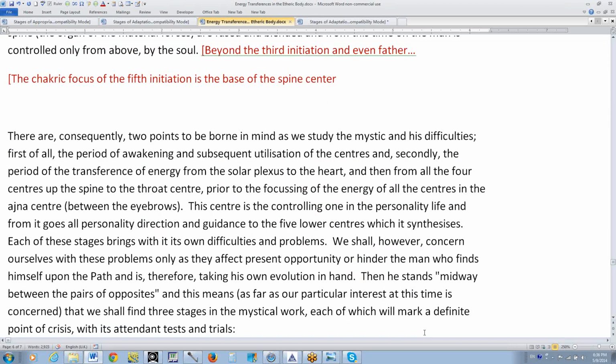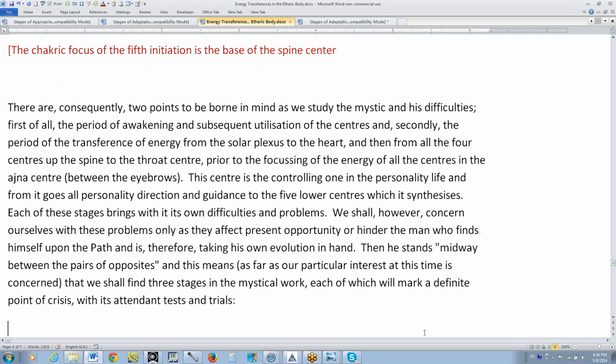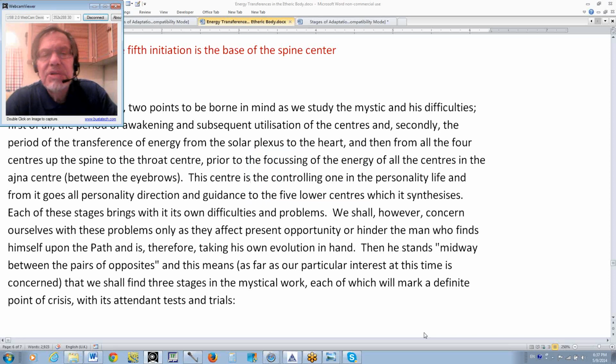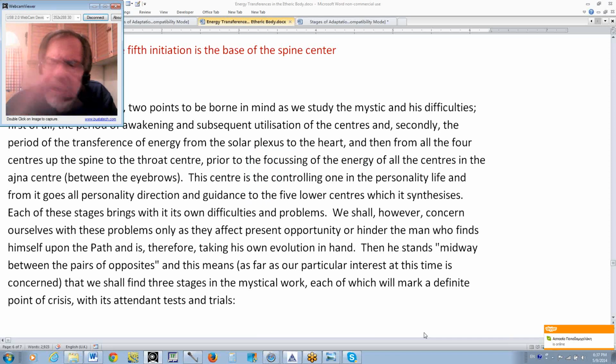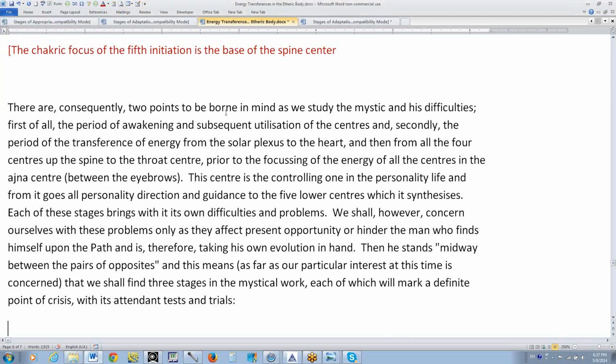There are consequently 2 points to be borne in mind as we study the mystic and his difficulties. First of all, sometimes the mystic is considered to be the highly intelligent person. So why must such a mystic have a period which is followed by intelligent personality expression? It seems to me there are different mystic phases, and there's kind of an alternation between this soft line and hard line approach.